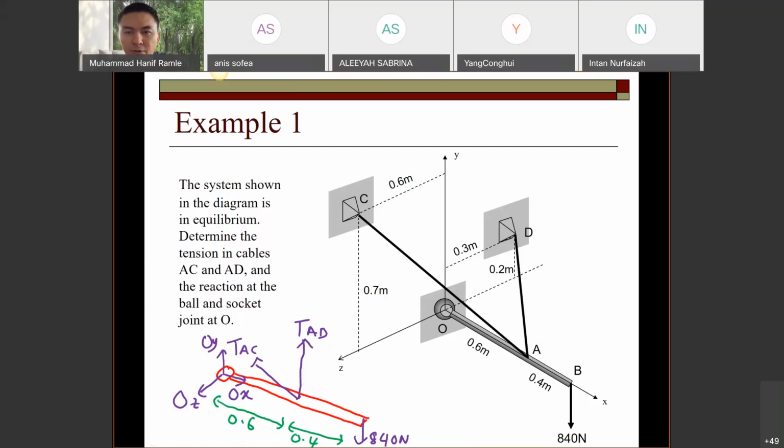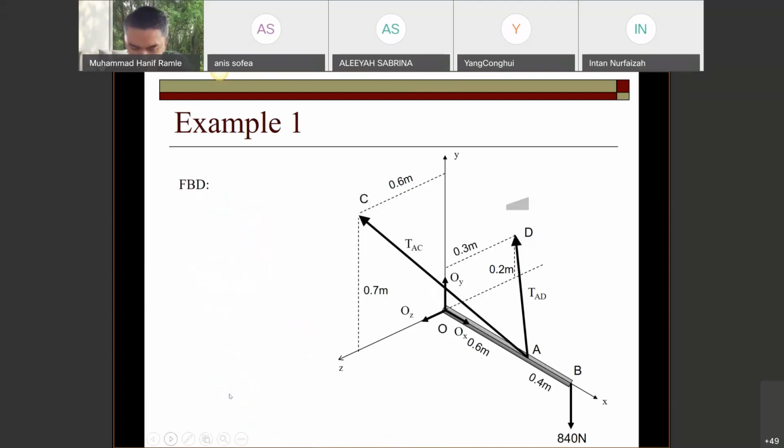Actually you can make a more complex FBD. You have to put the dimension of the cable, like I will show you in the next slide.